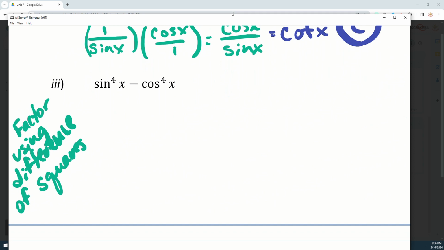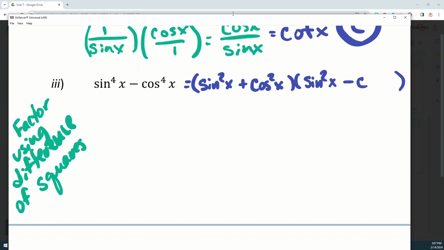When we factor using the difference of squares, we'll have our 2 parentheses, and we find each square root, and we put 1 with a plus, and we put 1 with a minus. And so the square root of sine to the 4th is going to be sine squared of x. And the square root of cosine to the 4th is going to be cosine squared.